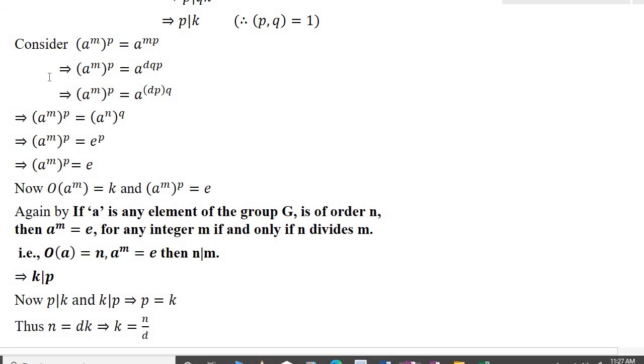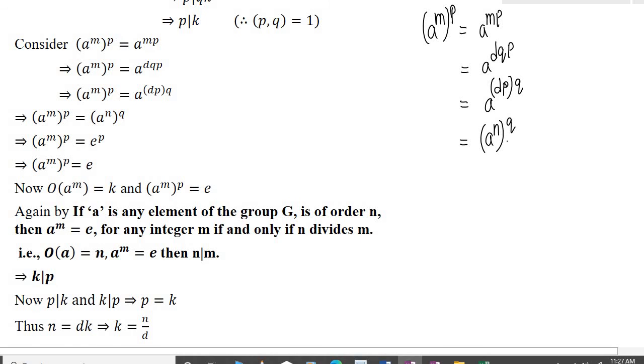Next, consider A power m whole power P equal to A power mP. But m is dQ, so A power dQ into P, and also rearrange the power as dP into Q, but dP is n only. A power n whole power Q, A power n is E, so E power Q is E only.